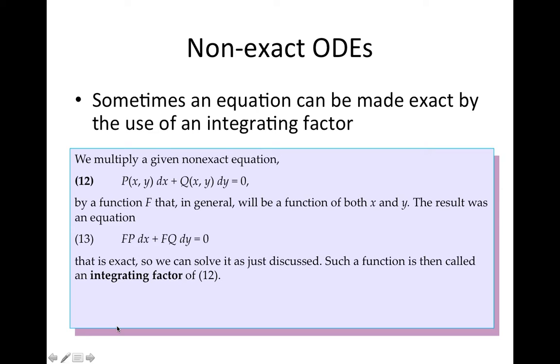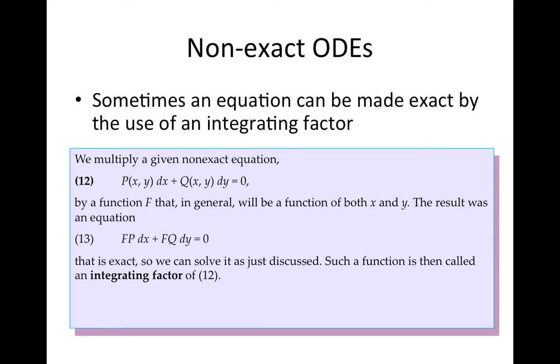Now sometimes equations aren't exact as they're written, and so we can actually make them exact by using something called an integrating factor. So this is the definition or theorem that comes from your textbook, where we have a non-exact equation, where we have some function p and some function q, and clearly this would not meet the definition of exactness.